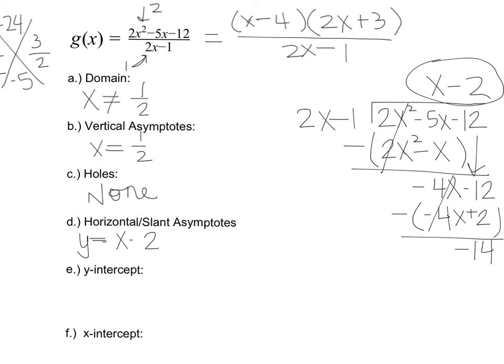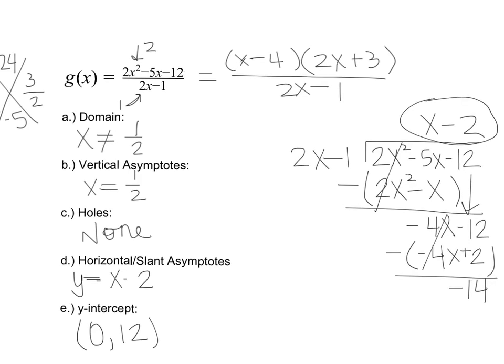So now we're going to move on to our y-intercept, which is going to be dividing our constants. So it's going to be negative 12 divided by negative 1, which is going to be at 0, 12. And then our x-intercept, well, in this case, it's going to be 2 x-intercepts. It's when our numerator is 0. If we look, our numerator factored is x minus 4 and 2x plus 3.